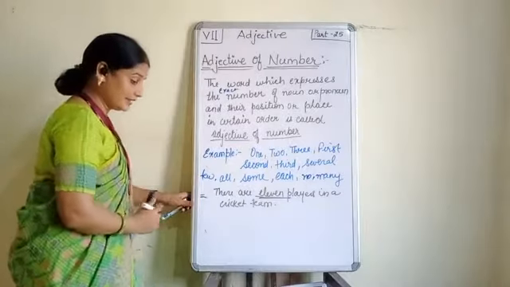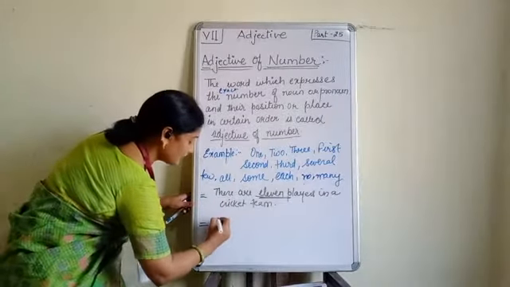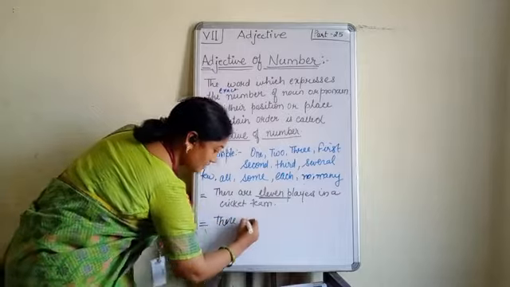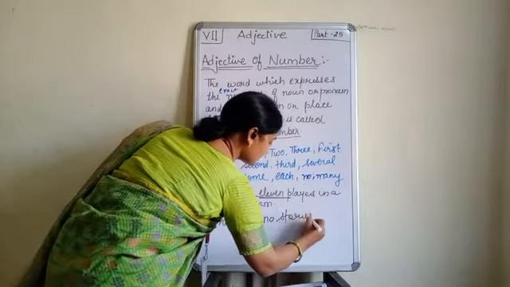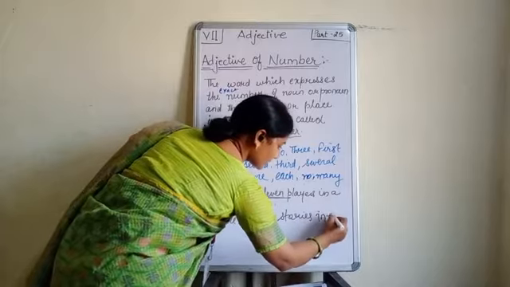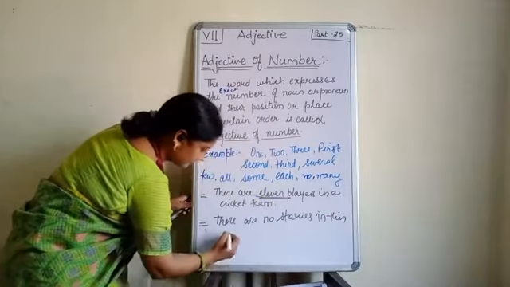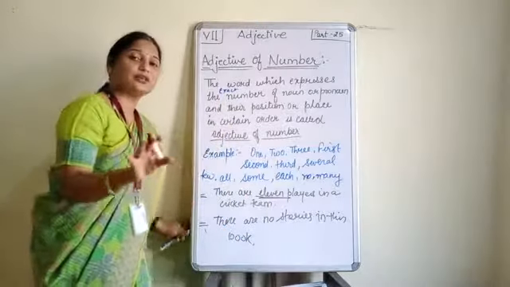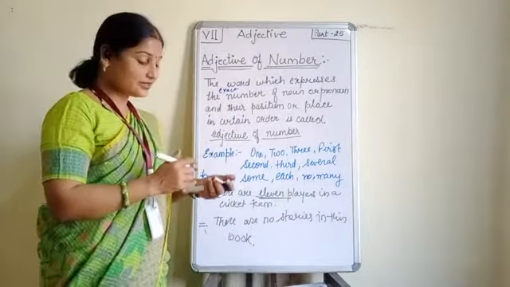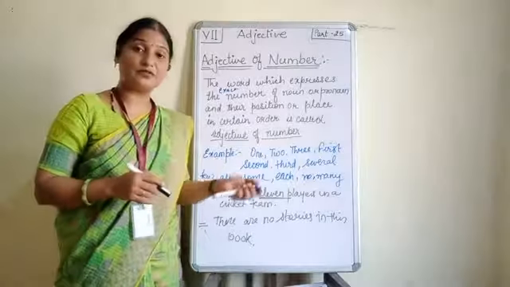Okay? Next, one more example. There are no stories in this book. Number is 0. Nothing is there. So this is about the adjective of number.